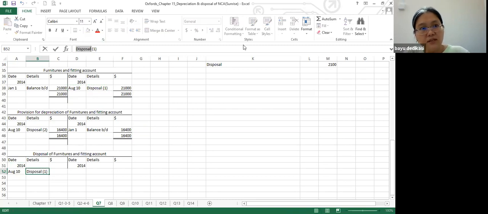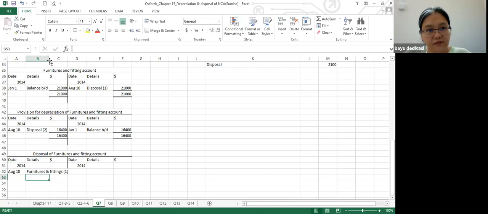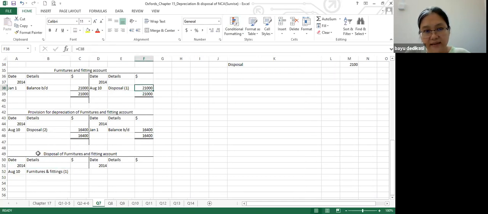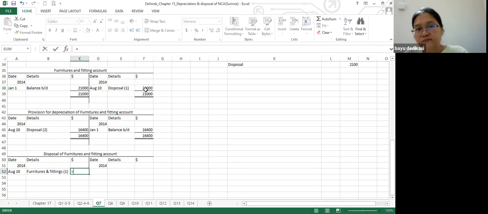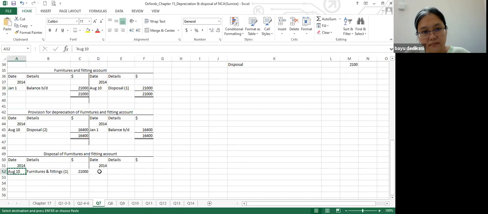So here put the opposite, furniture and fitting. So this entry is one set, one debit, one credit. The next one is this entry.